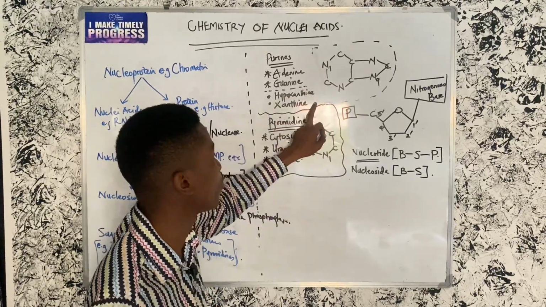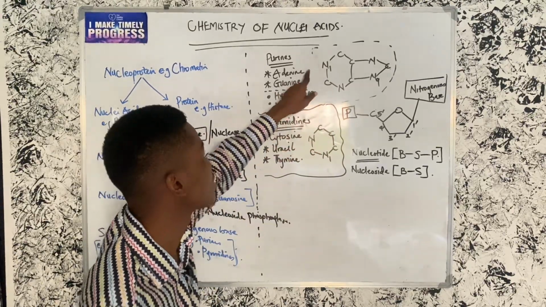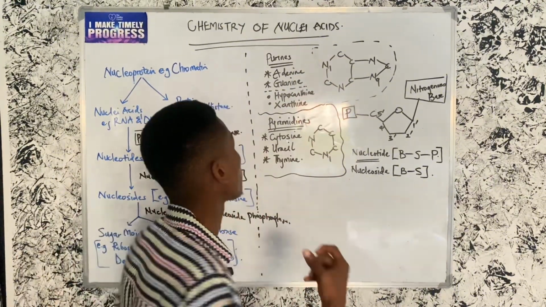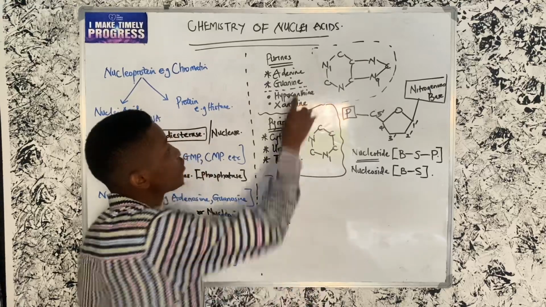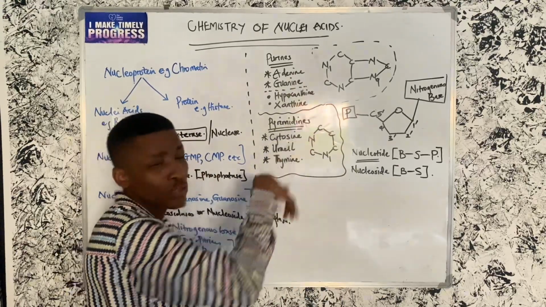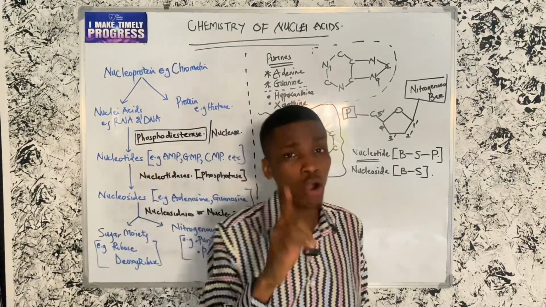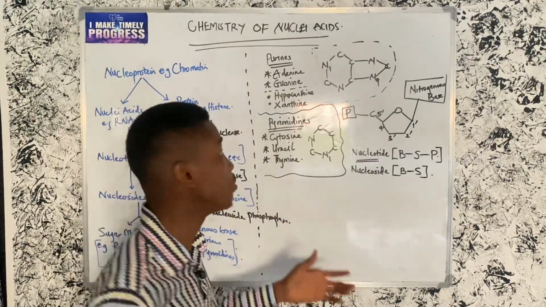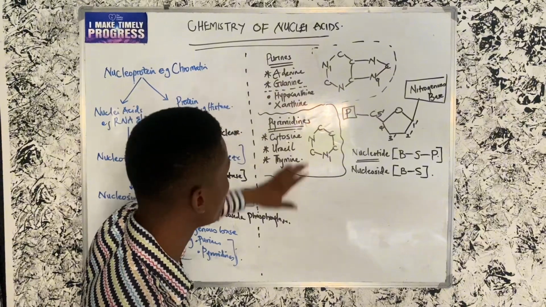Specifically, guanine will be forming xanthine, whereas adenine will be forming hypoxanthine. That's when you get rid of the amino group. These ones are just things we see during catabolism. That will be in my video on metabolism of nucleic acids. I will explain that better. So these are the purines and pyrimidines I have.